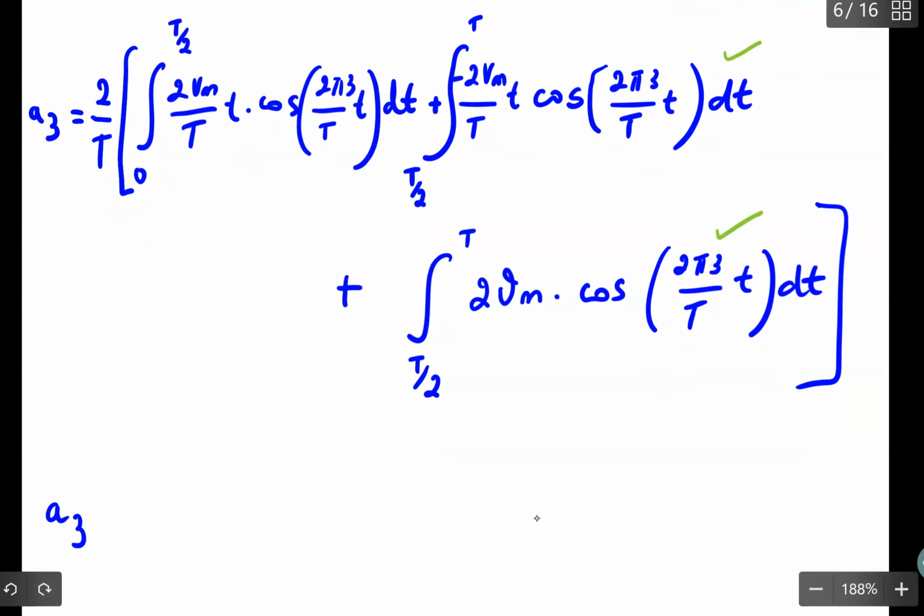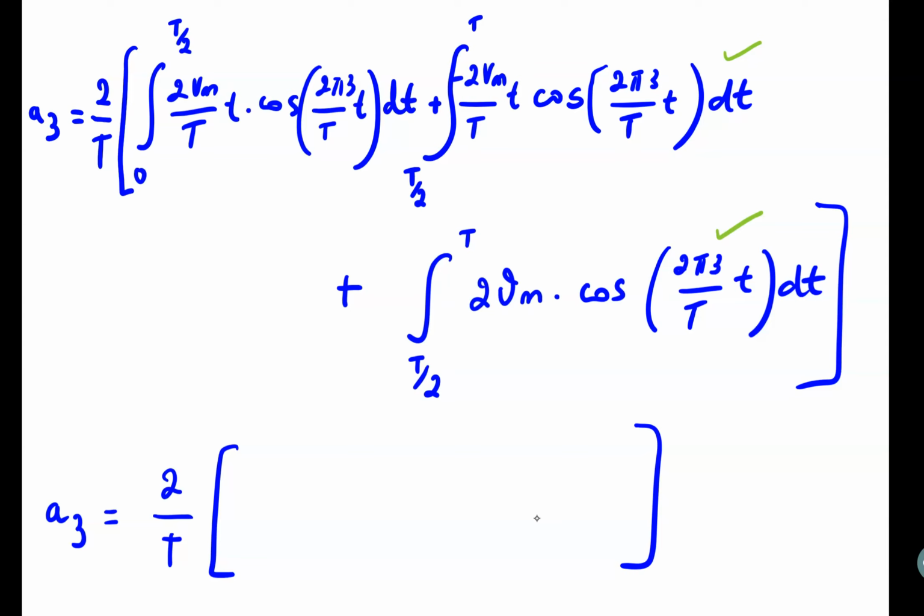A3 is equal to 2 over T multiplied by, and in here I will write three integrals in three different colors.